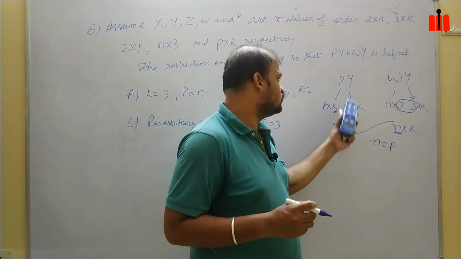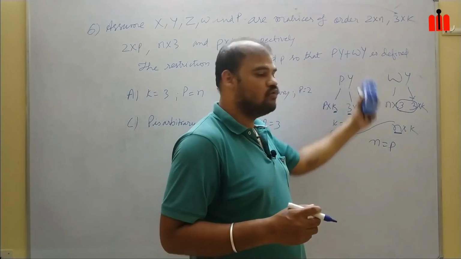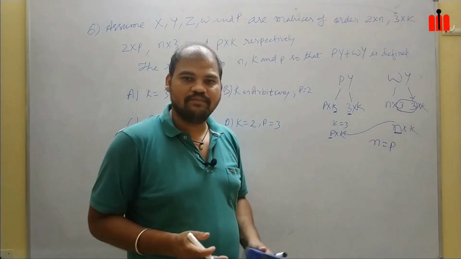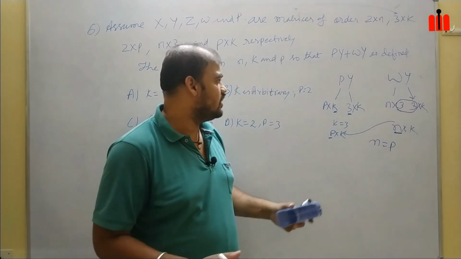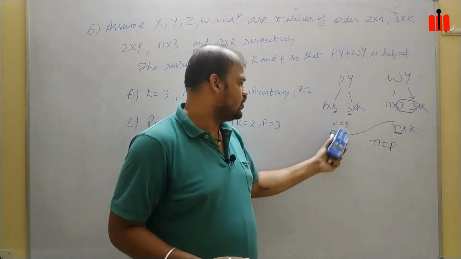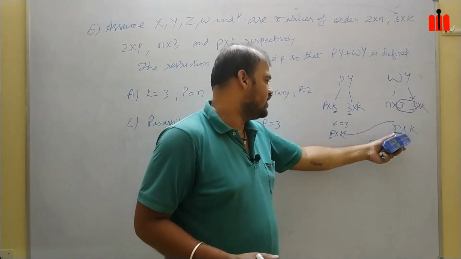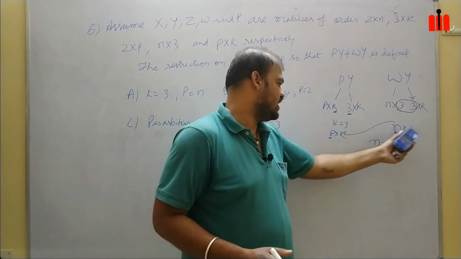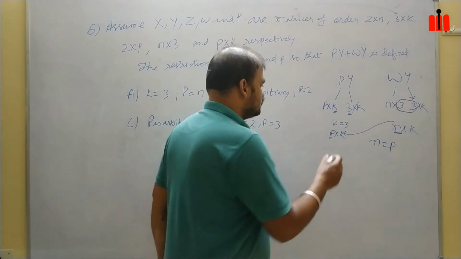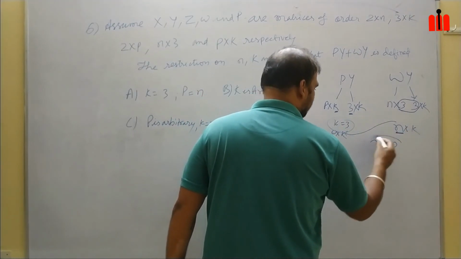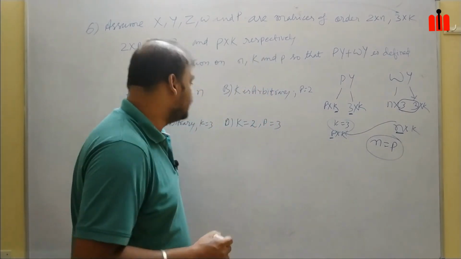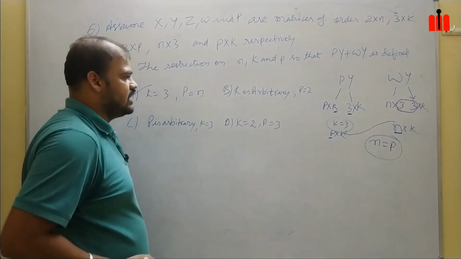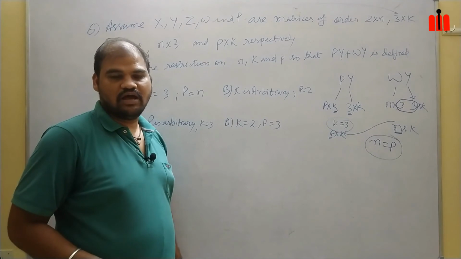Now for these two to sum up, PY and WY, both the orders should be the same. So for the order of PY to be the same as the order of WY, N should be equal to P, because K and K are equal. So what we got? We got K equal to 3 and N equal to P. So K equal to 3 and N equal to P is our answer.